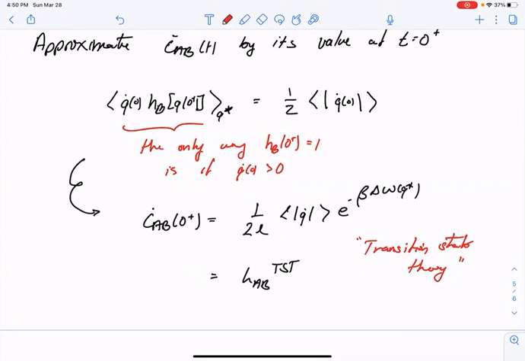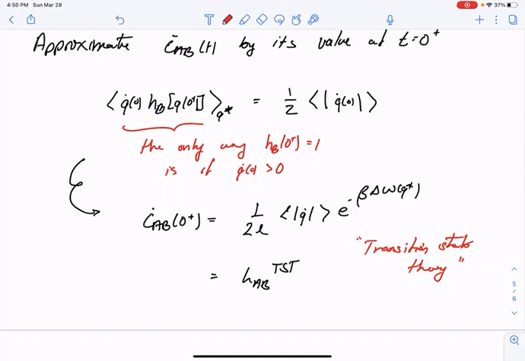Essentially, on the exponential scale over which linear changes in free energies affect changes in the rate, transition state theory is incredibly accurate. As long as you have a good idea of a reaction coordinate, where to draw this dividing surface, this q star that separates reactants from products, you can make a reasonable estimate.